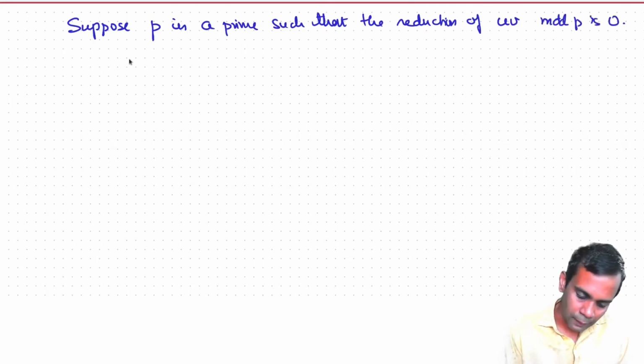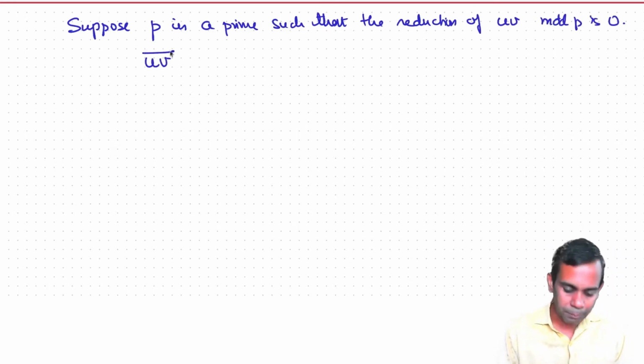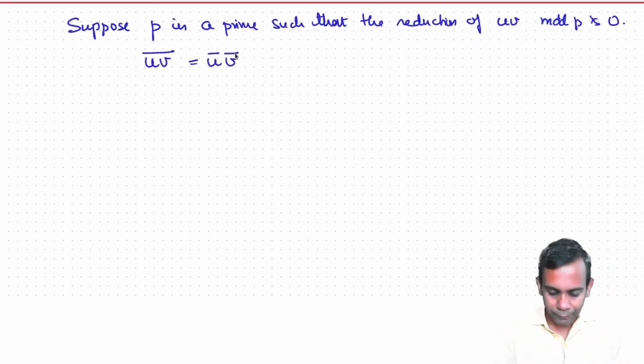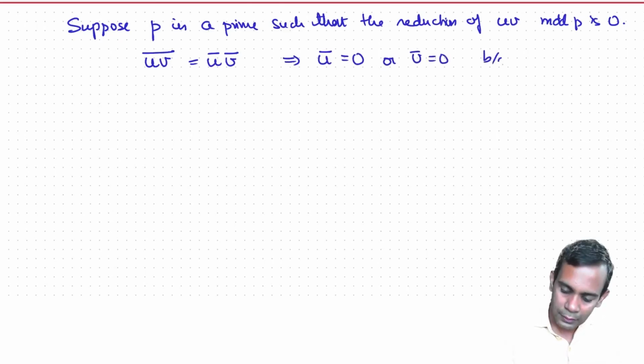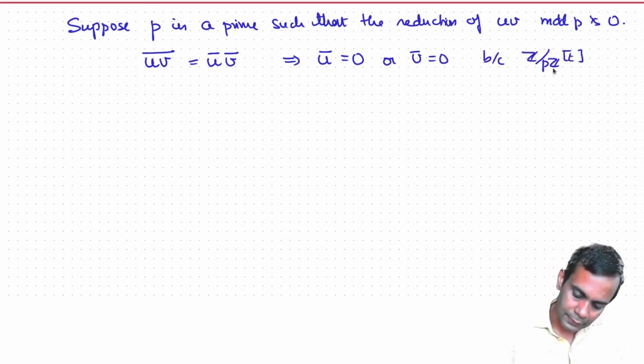is 0. But then note that uv bar, the reduction of uv mod p, is u bar v bar, which implies that either u bar is 0 or v bar is 0, just because the ring (Z/pZ)[t] is an integral domain.